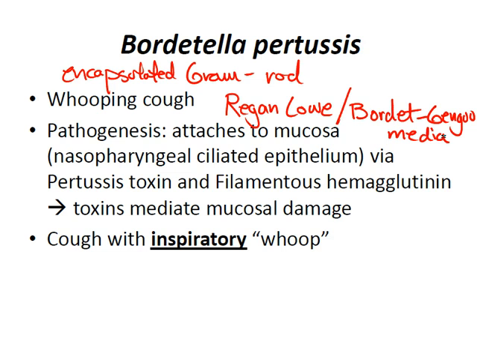So the pathogenesis is that it attaches to the mucosa of the nasopharyngeal ciliary epithelium via the pertussis toxin and filamentous hemagglutinin. So the toxins mediate mucosal damage. So there's 4 toxins. Number 1, you have an exotoxin.